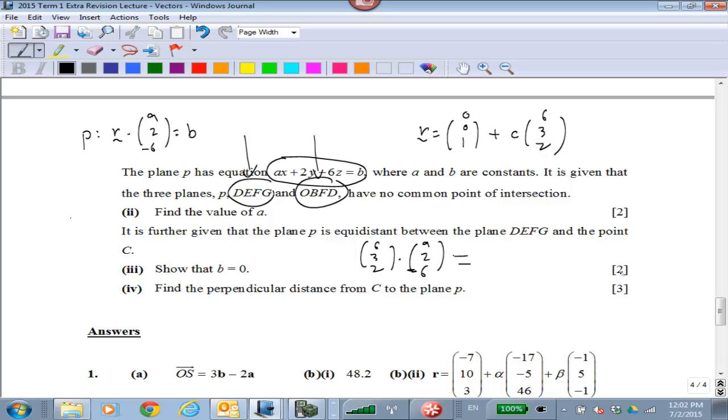By looking at the alphabet, FD is the intersecting line. So can FD, the intersecting line between the last 2 planes, touch P or not? Cannot. Because I already said the 3 planes cannot have a common point of intersection. And because it's not touching, it means that the direction vector of the line and the normal of plane P are perpendicular.